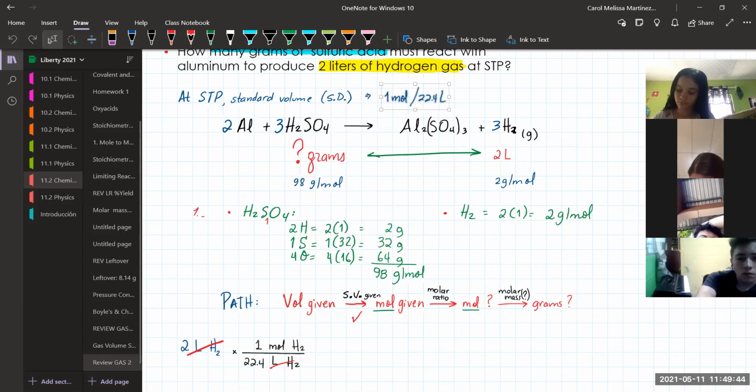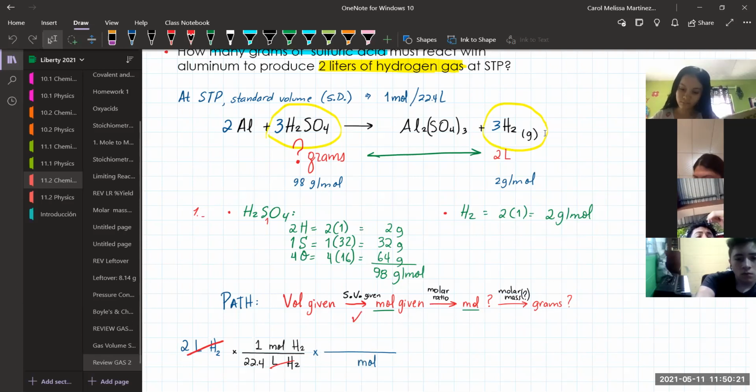So I continue. From moles given to moles unknown, I have to look at my reaction. Okay? Now, this is my given and this is my unknown. So from there, I'm gonna get my molar ratios. In the molar ratios I need to write my moles of hydrogen below, okay?